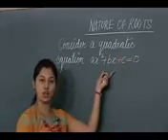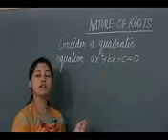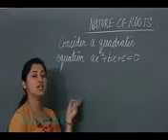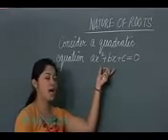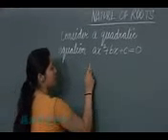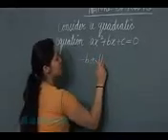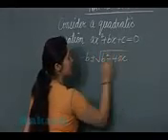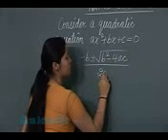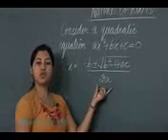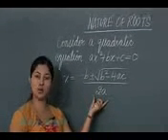Here a is non-zero. Now students, we have already studied in completing the squares method that the two roots of a quadratic equation are given by, I'll write it down, minus b plus minus root b square minus 4ac upon 2a. So I can say these are the two roots of the given quadratic equation.